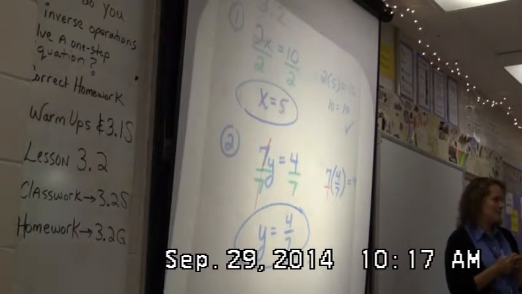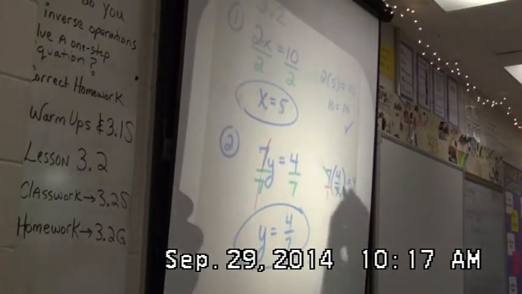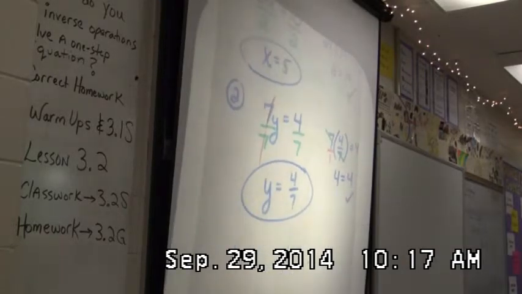Or, what do you notice we could do, Amelia? Exactly. You can cancel out those 7s. Got 7 on the top, 7 on the bottom. Cross those out. And you end up with 4 equals 4. Excellent. All right. So far, so good.